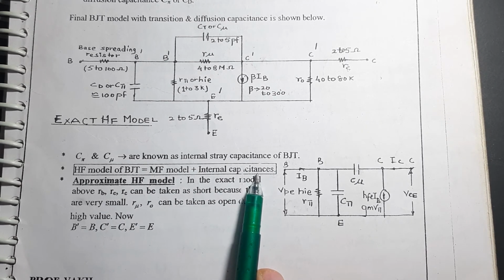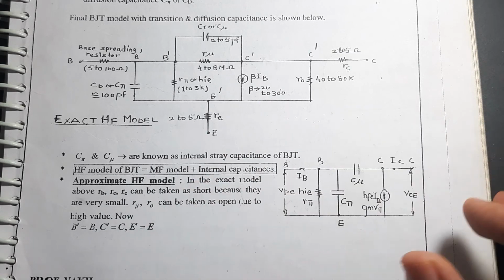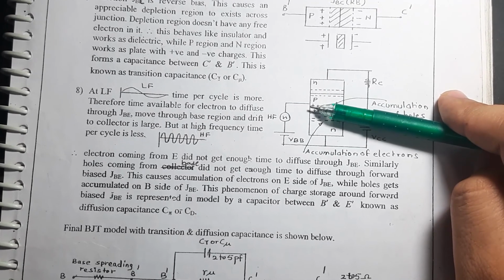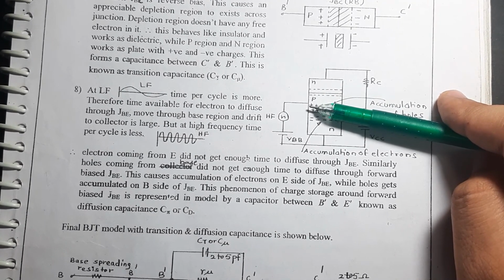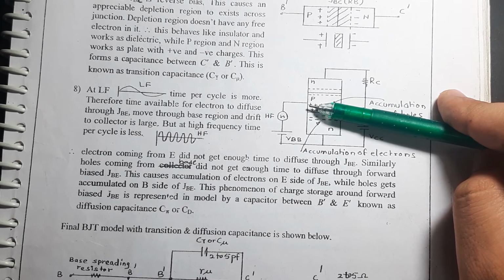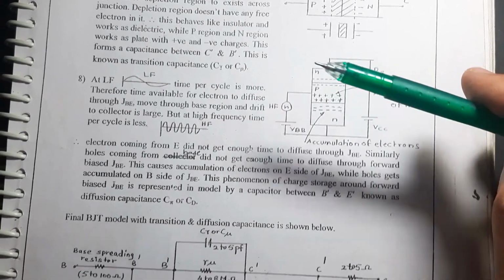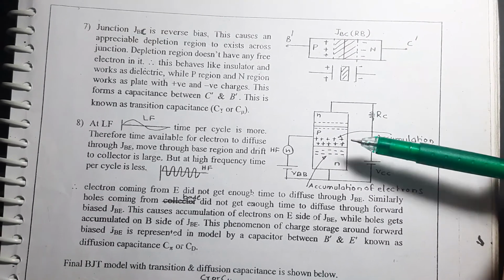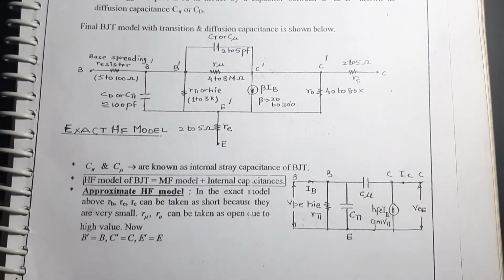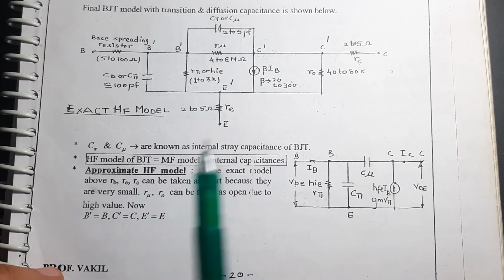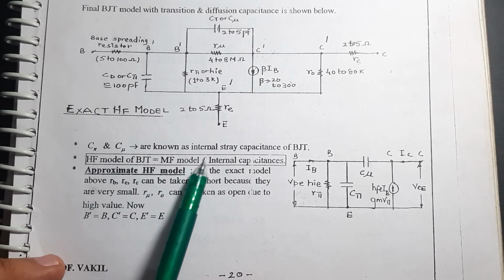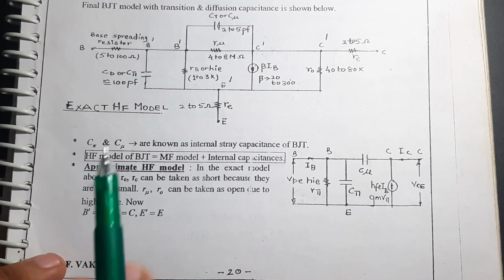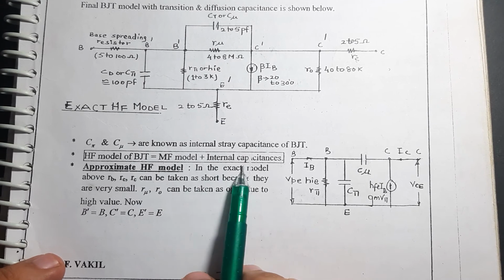As you would have seen, up till before these two diagrams, the model we developed was applicable for MF and LF, but due to the inclusion of these two capacitances, the model has now turned into an HF model.